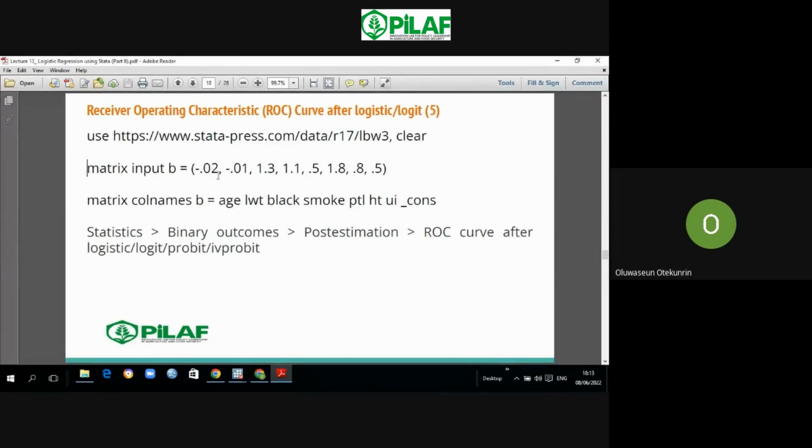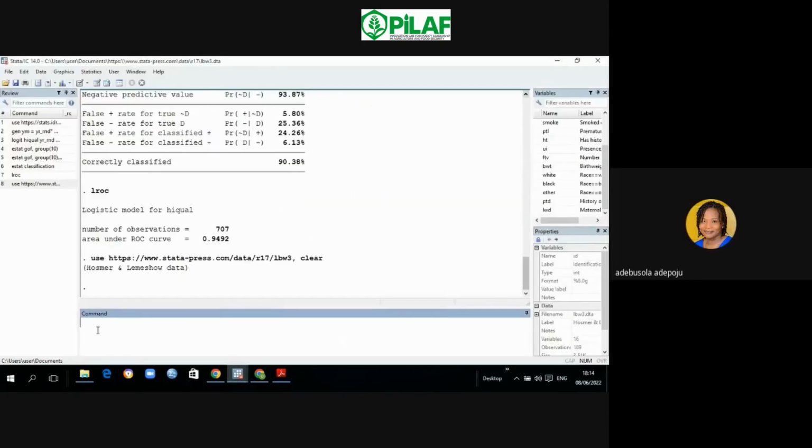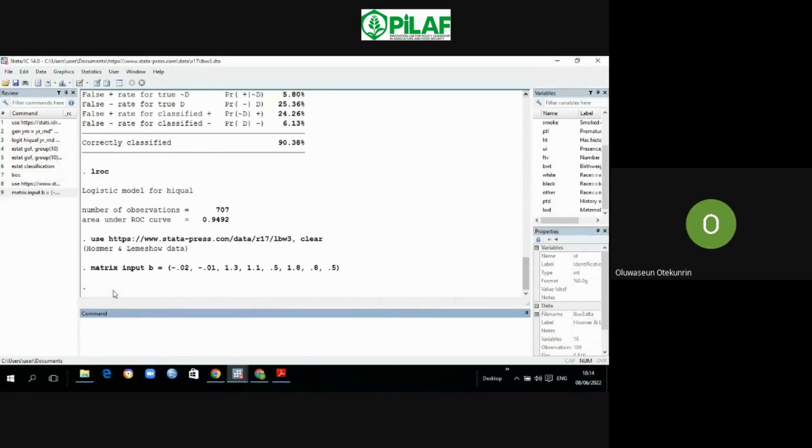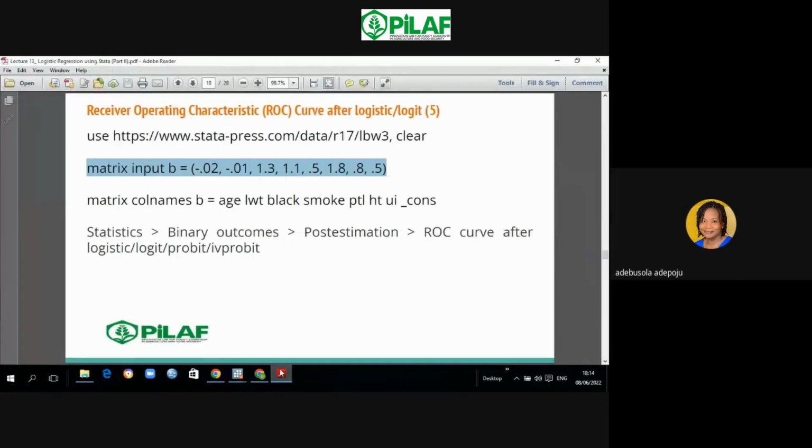Let us copy that matrix input command and paste it into the command window. Enter. Have you done that? Yes. Okay, thank you.